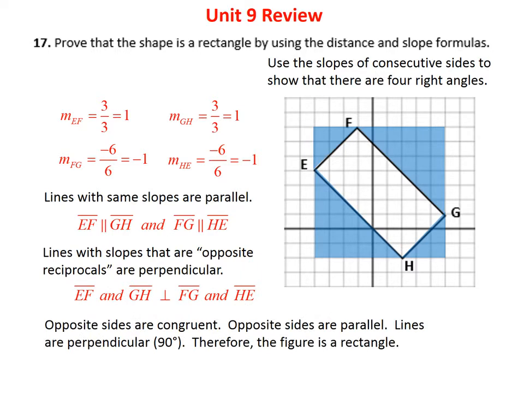And so the way you would do that is, I would take one of these and say, okay, 1 times -1 equals -1. And if the two slopes, when you multiply them, give you -1, they are opposite reciprocals. And then that proves that all 4 of these angles are right angles, in which case that means we have ourselves a rectangle.